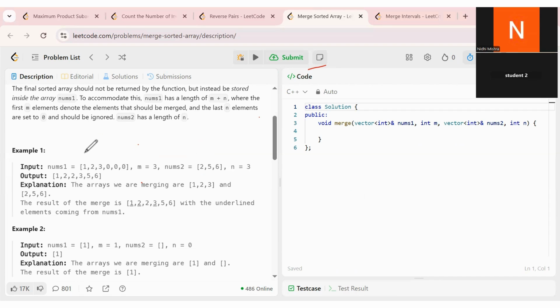I is at m minus 1, at the end of the nums1 elements, that's at 3. J is at the ending of nums2. And K is at the end of nums1, that's m plus n minus 1.